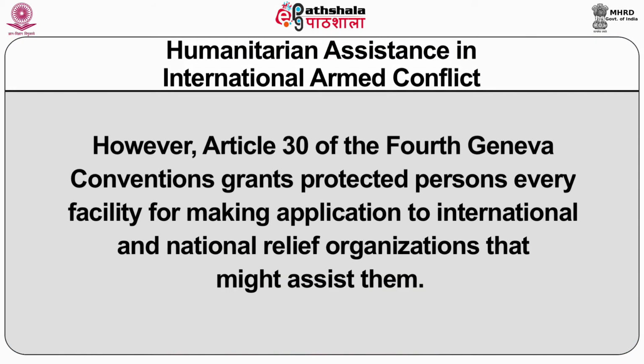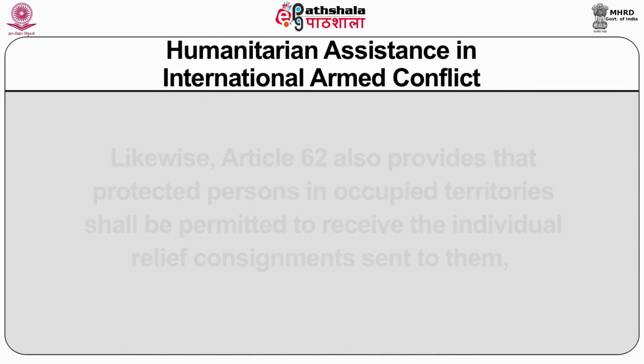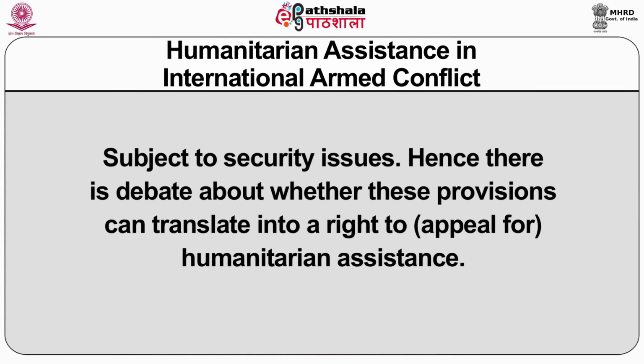However, Article 30 of the 4th Geneva Convention grants protected persons every facility for making applications to international and national relief organizations that might assist them. Likewise, Article 62 also provides that protected persons in occupied territories shall be permitted to receive the individual relief consignments sent to them, subject to security considerations.